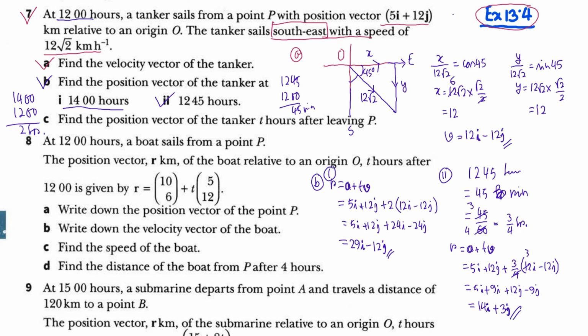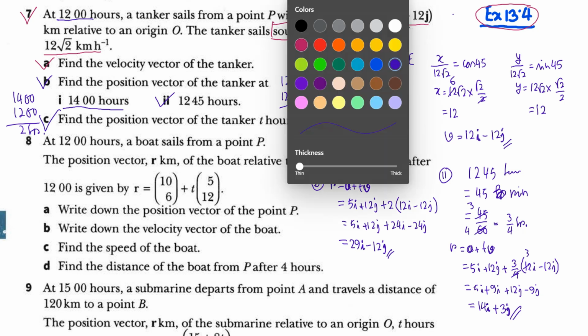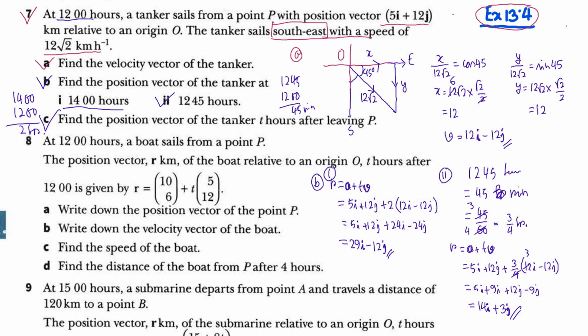Hope guys you understood the way we're solving this question. Now we are in the last stage of this question. Find the position vector of the tanker 2 hours after leaving P. It's an easy question because we already have all the information. I'm going to write it with a different color because I do not have enough place to show it. Anyway, it's not needed huge place to show.